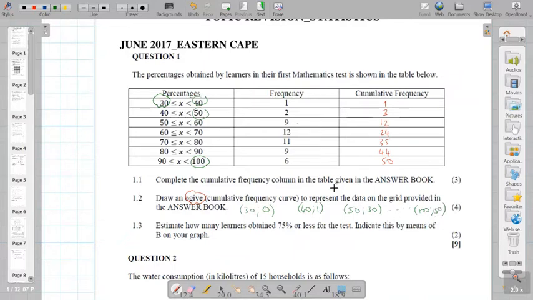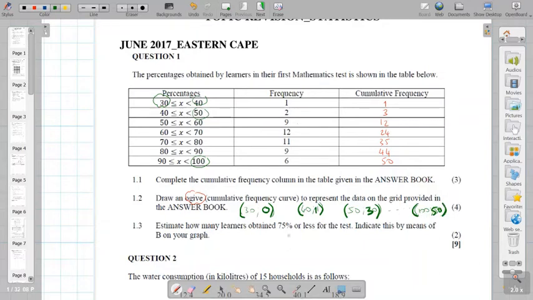So then we will join them. But what is important is the point that we start, 30 and 0, and it is 40 and 1, and it is 50 and 3, not 30. So that's 0, that's 1, and the last one is 50, 150. Okay.